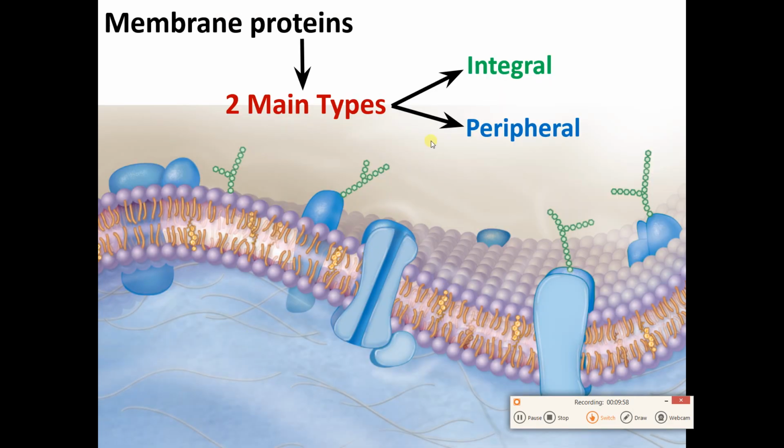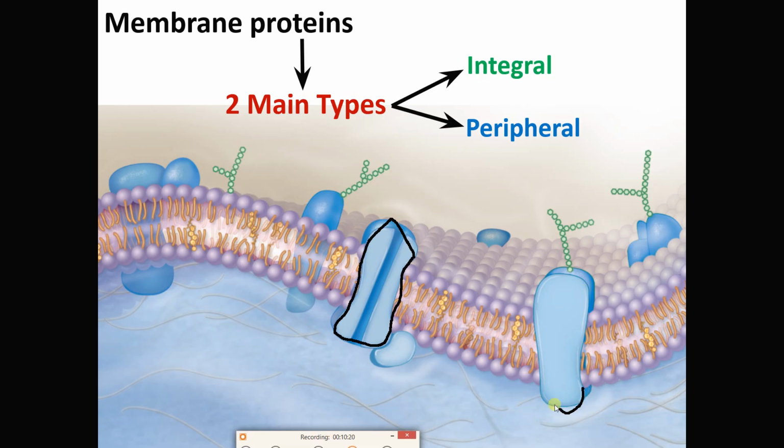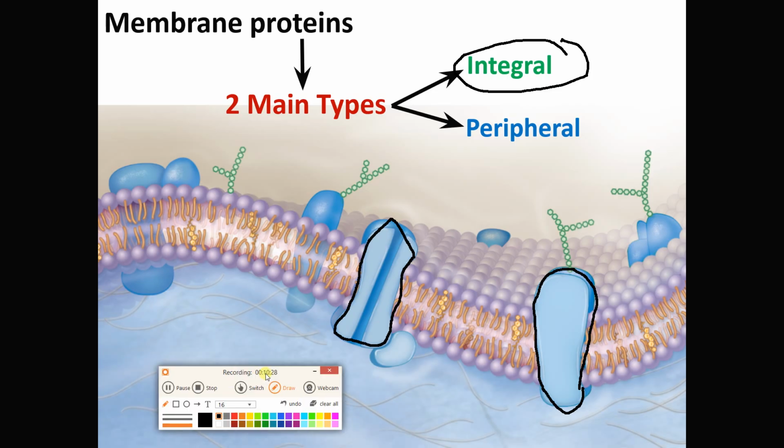But what about those proteins? There are two main membrane protein types: integral proteins and peripheral proteins. Now, this guy right here is literally going through the membrane. So what word do you think is more appropriate if it's literally going through the membrane? This one is also literally going through the membrane. Well, these two guys are both integral proteins. So integral proteins are embedded in the membrane. Now this guy, he's not embedded in the membrane.